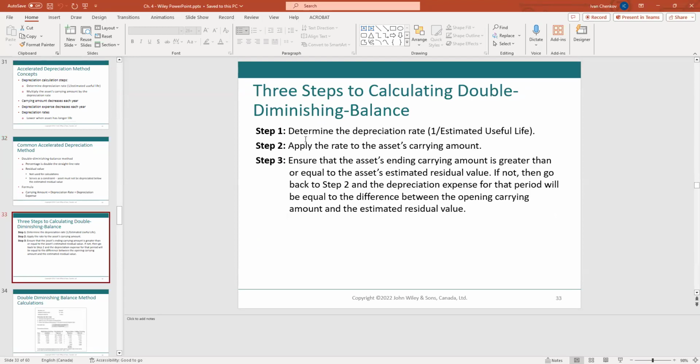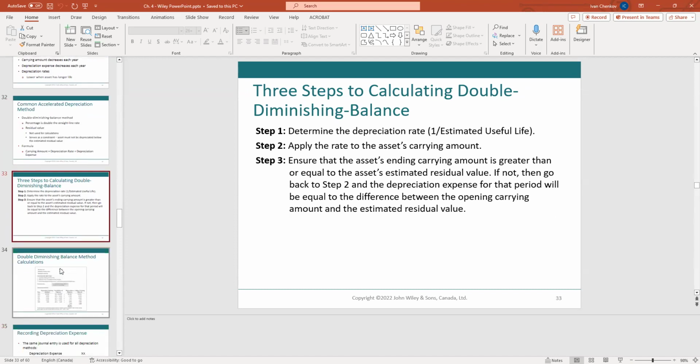So in our case, determine the depreciation rate, which is 1 divided by 5. Apply the rate to the asset's carrying amount, and ensure that the asset's ending carrying amount is greater than or equal to the estimated residual value. If not, then go back to step 1.